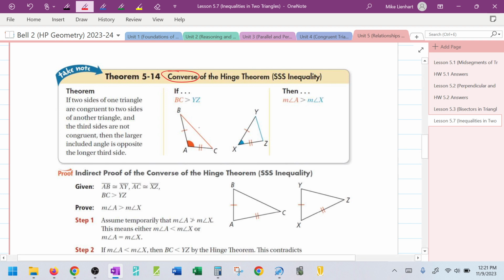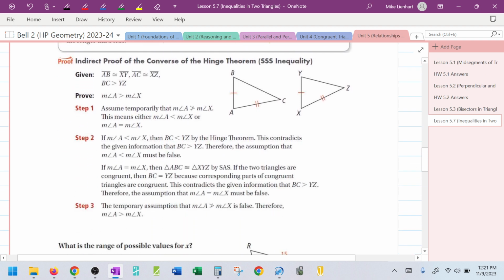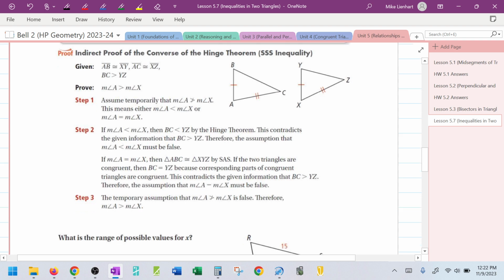In this converse of Hinge, if BC is greater than YZ, then we can conclude that the angle across from BC must be bigger than the angle across from YZ. And that's specifically what they conclude here. I threw this proof in here just for you to look over. It's a unique kind of proof called proof by contradiction or indirect proof, as high school geometry usually refers to it. Most of the time, you're only going to do indirect proof in college, to be honest.